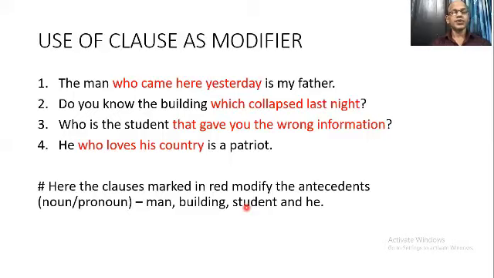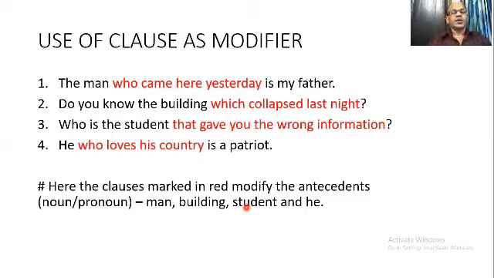Who is the student that gave you the wrong information? That gave you the wrong information is a clause. You see, it modifies the noun student. He who loves his country is a patriot. Who loves his country is a clause, and it modifies the pronoun he. So here the clauses marked in red modify the antecedents, nouns or pronoun: man, building, student, and he.